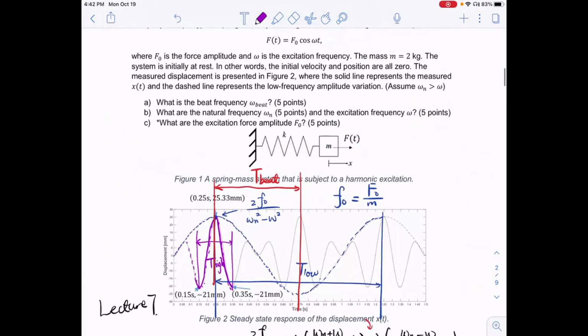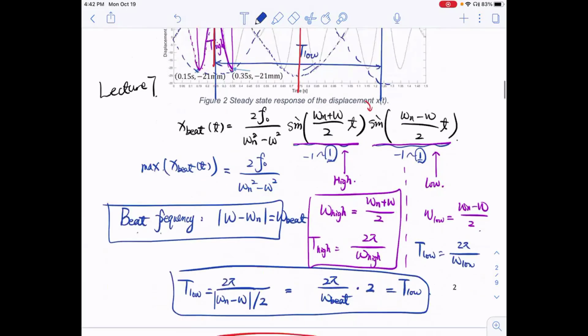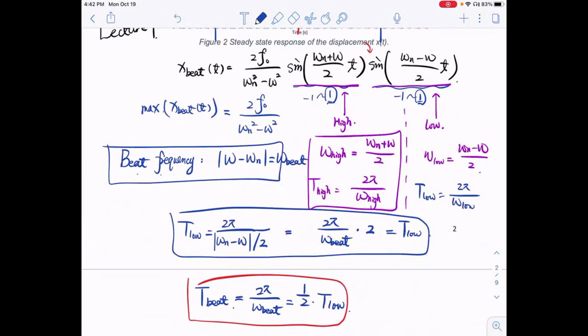So your envelope actually has 2 signals, right? If you look at the envelope, then yes, the beat frequency is the frequency of the envelope. But if you only look at one curve of this envelope, then that frequency is the low frequency, which is what I'm denoting here. Awesome. All right.